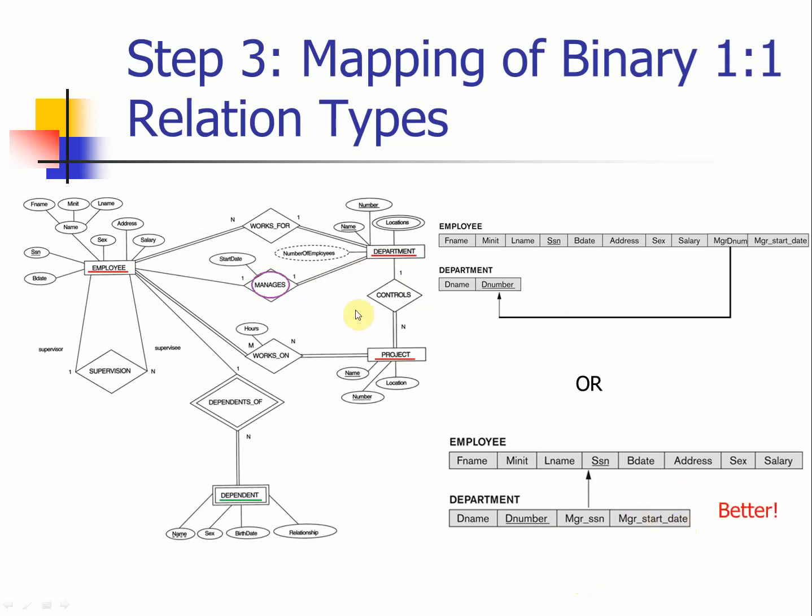That's what we are talking about: we convert a one-to-one relationship into a foreign key that goes, ideally, on the double-line side, which is the total participation side, and links to the other side. And this is our step number 3.